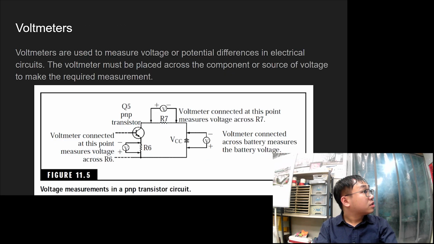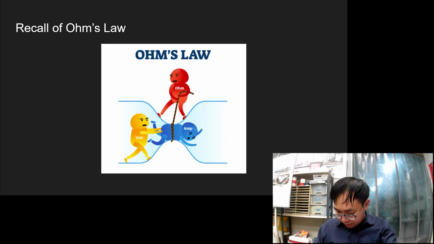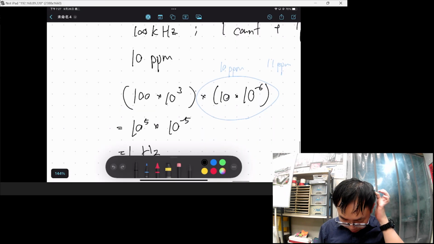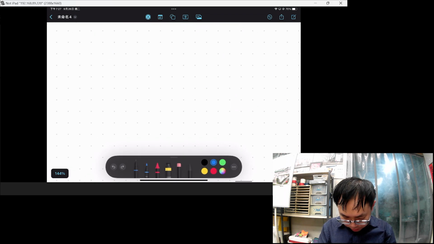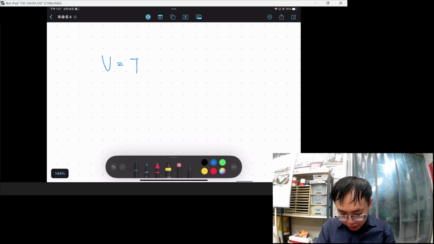V equals IR, right? So what are they? V is voltage.